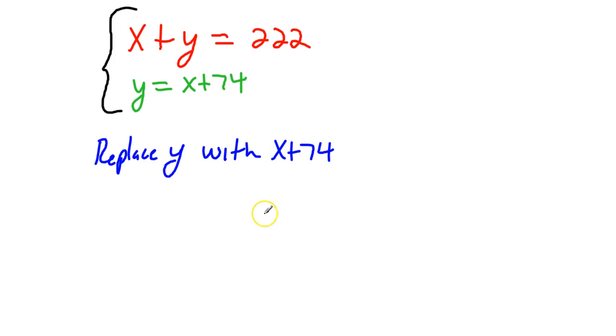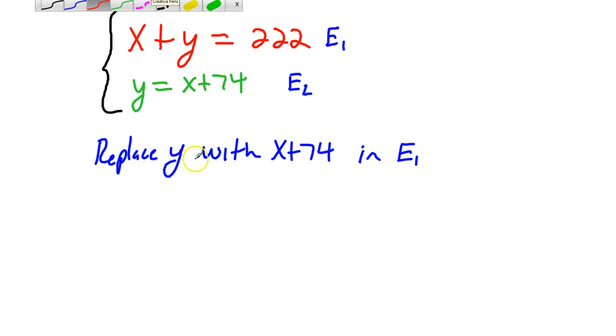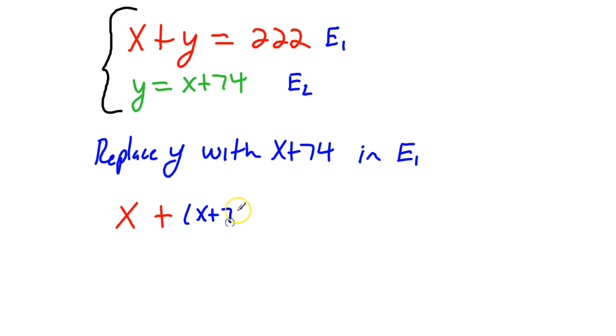So you've got y equals x plus 74, so replace the y with x plus 74, and we're going to do that in equation 1. Okay, so we're replacing y with x plus 74. So we've got x plus, take out the y, replace it with x plus 74.